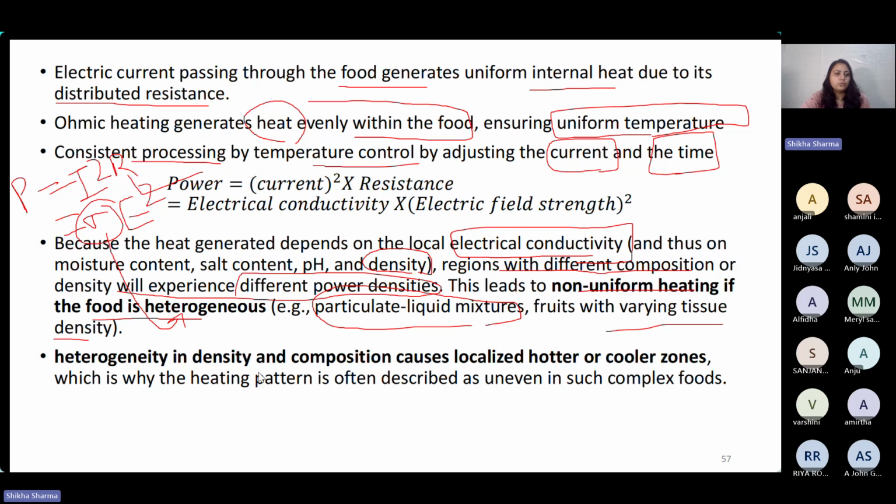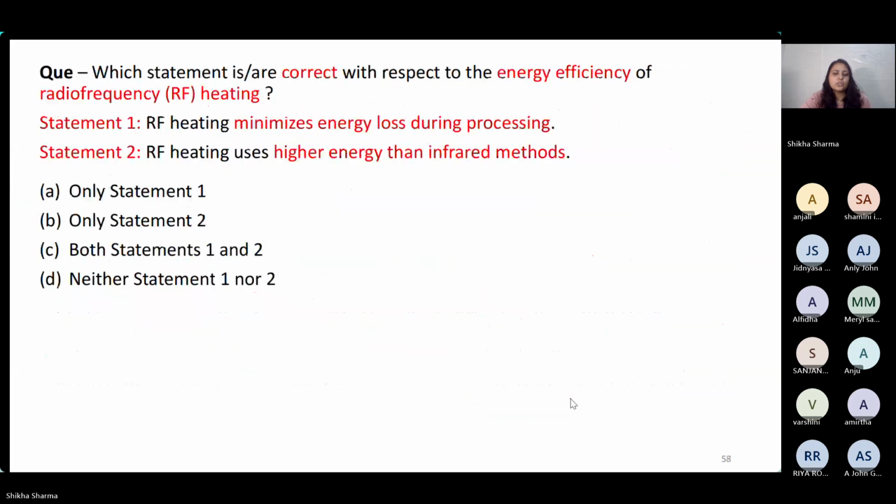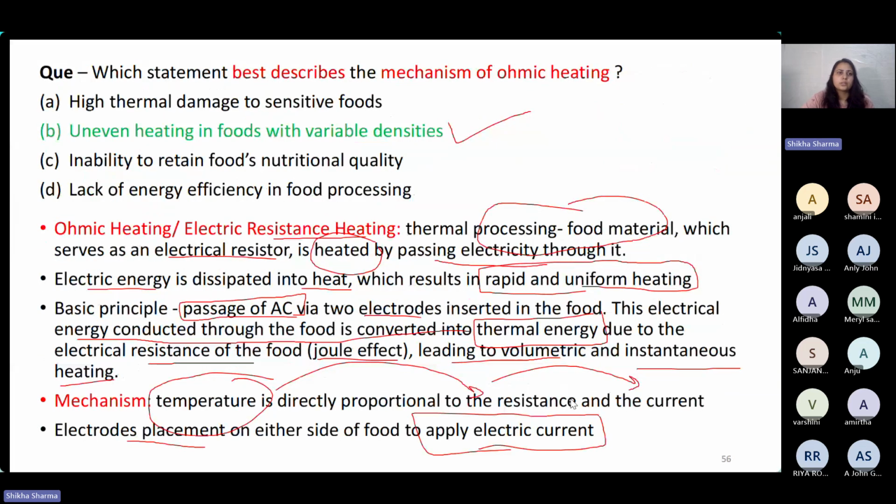So heterogeneity in density and composition causes localized hotter and cooler zones, which is why the heating pattern is often described as uneven in such complex food products in ohmic heating. So the best description is B, which is uneven heating in the food with variable density.